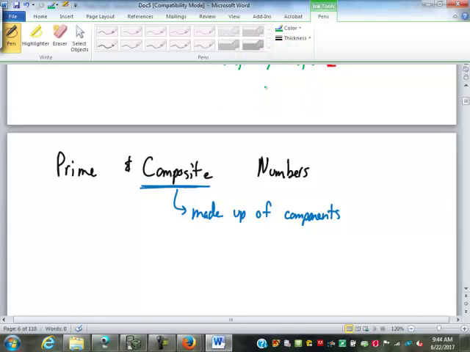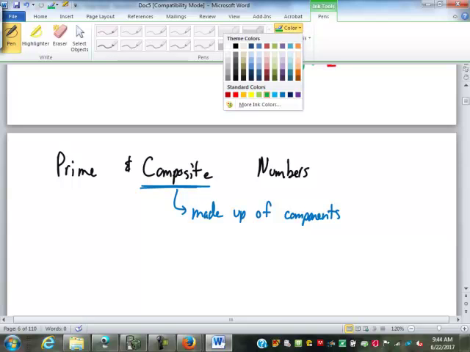I'm sure most of you have heard the phrase composite materials. Composite decking for putting decks on your house or whatever. Composite means it's made up of more than one type of material. Like most composite decking is wood and plastic or wood and some other material embedded into it.